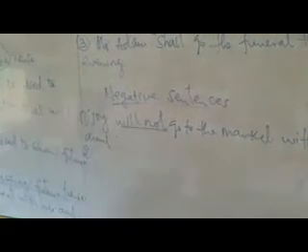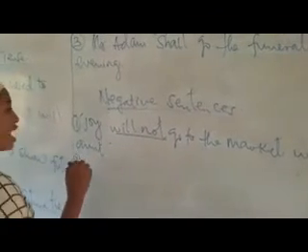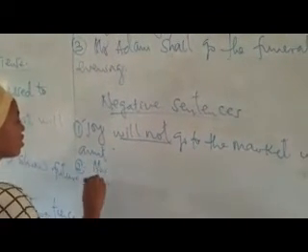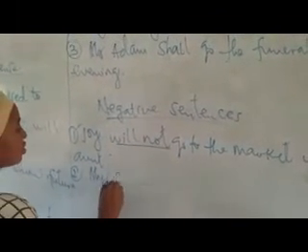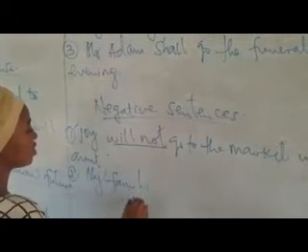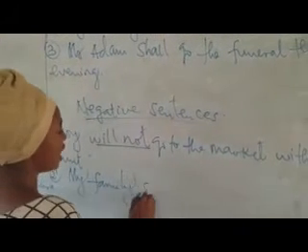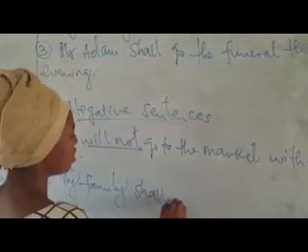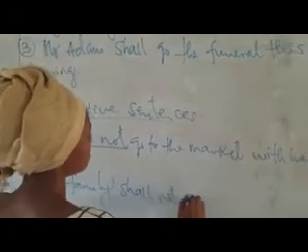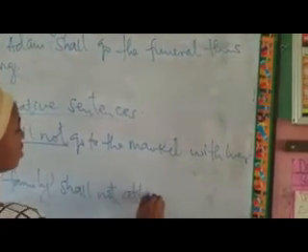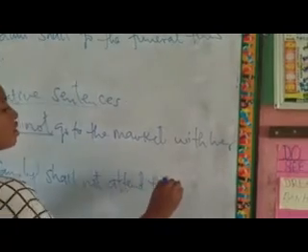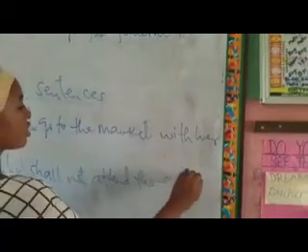Now sentence 2, which we still have on the board. My family shall attend the event. My family shall not attend the event. Shall not.